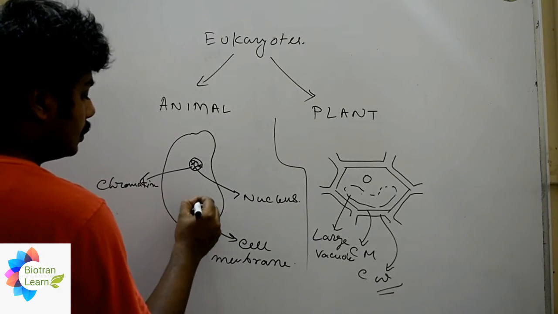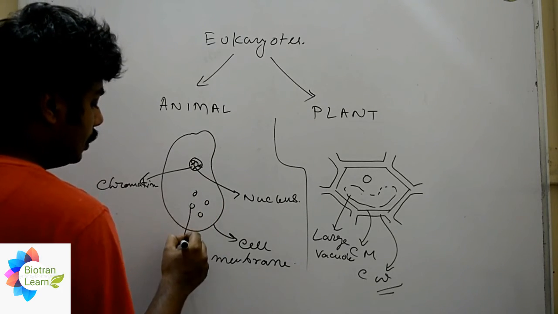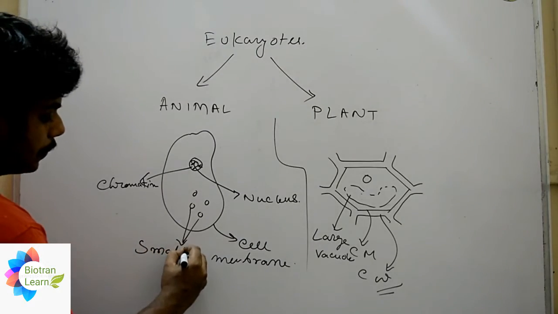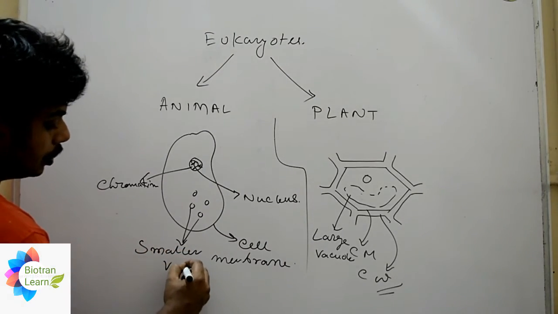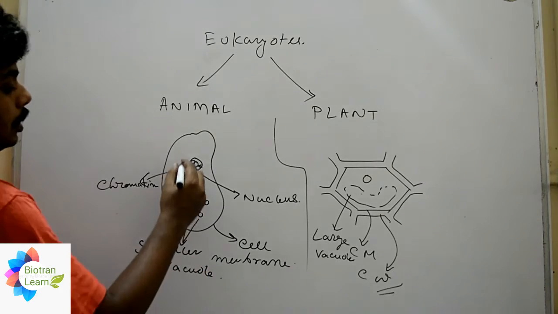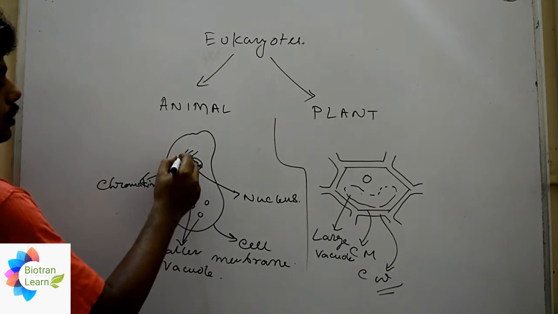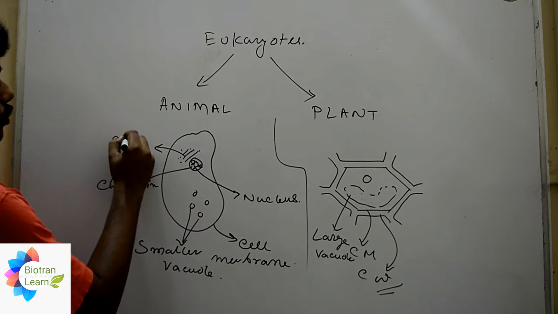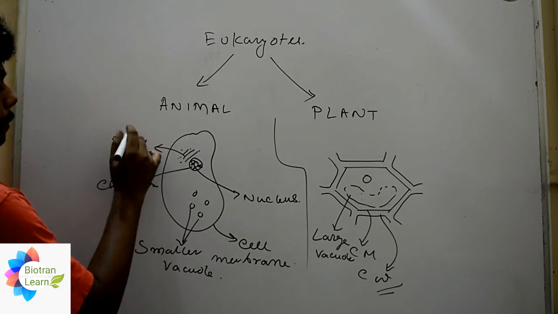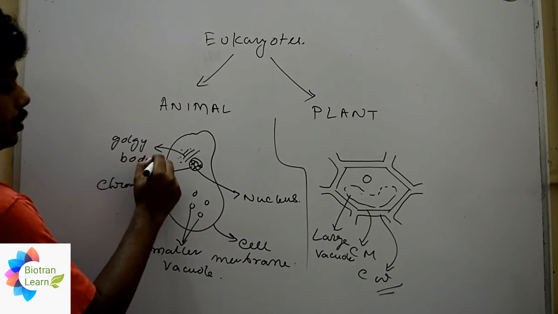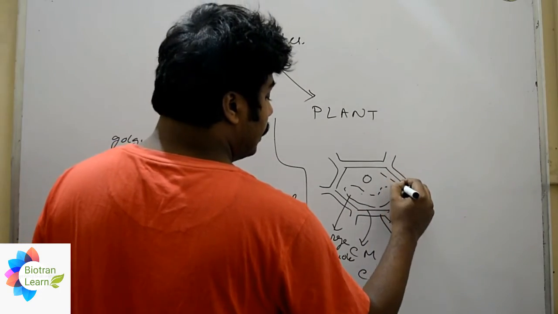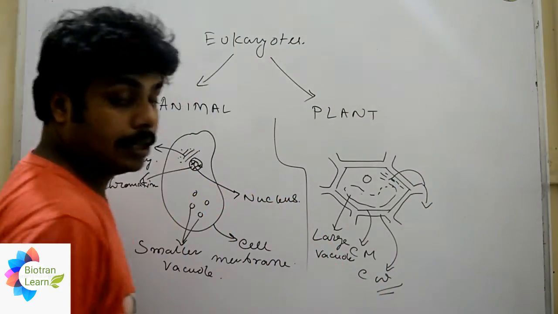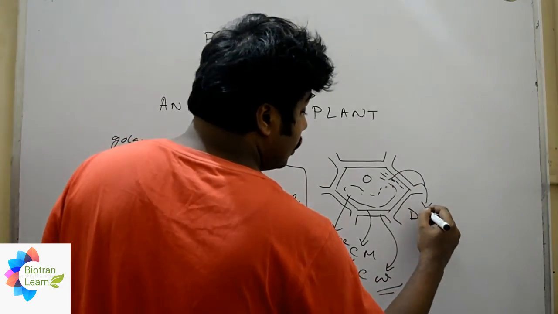In animal cells, the vacuoles will be smaller, right? In animal cells, we will see the presence of the Golgi body or Golgi apparatus. In plant cells, it will have some dictyosomes.